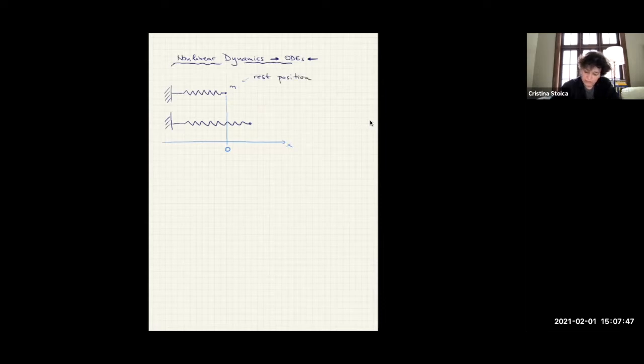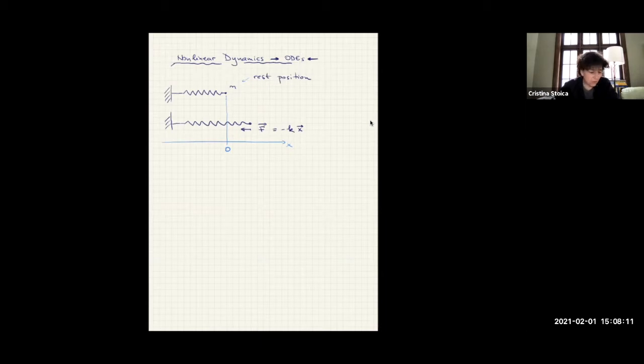If we pull it, it goes a little bit off, and then there will be a restoring force F that brings it back. This is given as minus K times x. x has a sign, plus or minus, depending on whether it's on the right or left of the origin.